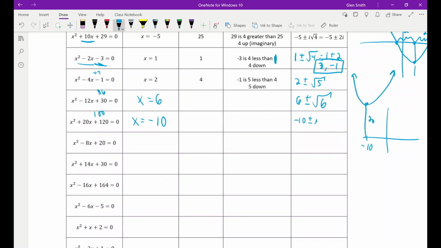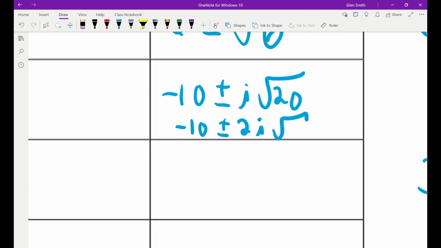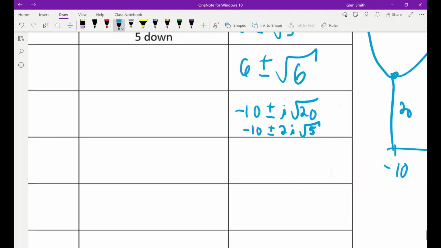So it's going to be imaginary roots that have a root 20 attached to them. All right, and root 20 simplifies, so let me zoom in here so I can write this in here. It's really negative 10 plus or minus 2i root 5. Let's make that 5 a little nicer.